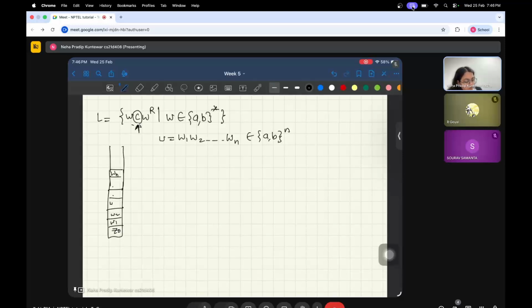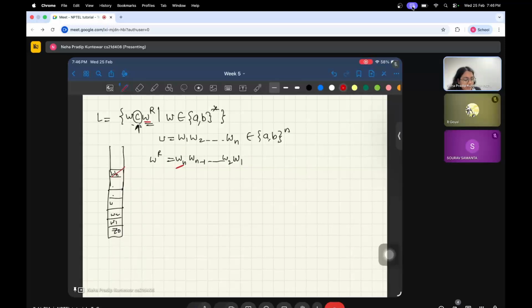And now, when you start seeing the reversal, you know that you have started seeing the reversal because you encountered a C. So then when you read the first element of W reversal, you're going to pop off one element from the stack.